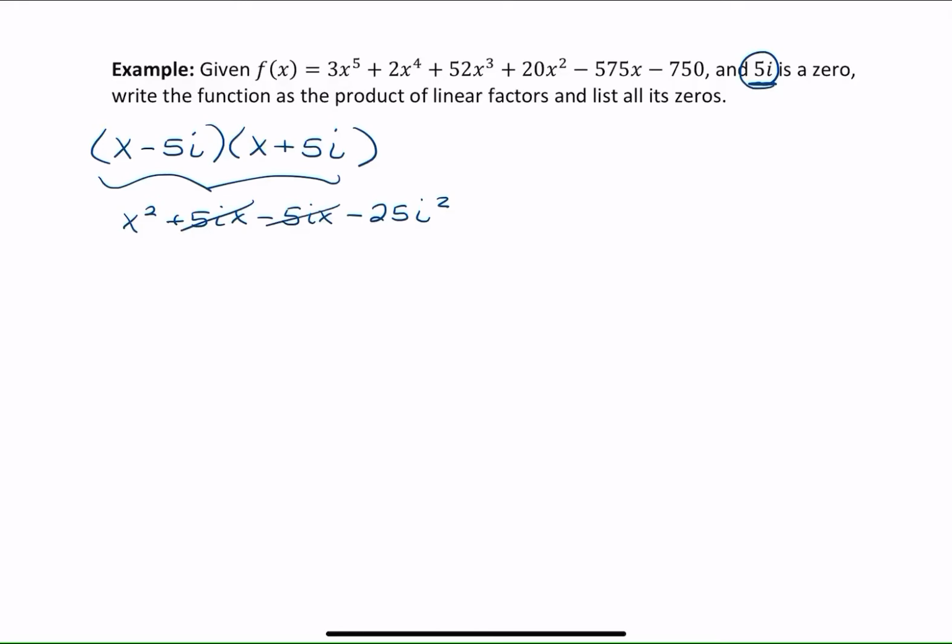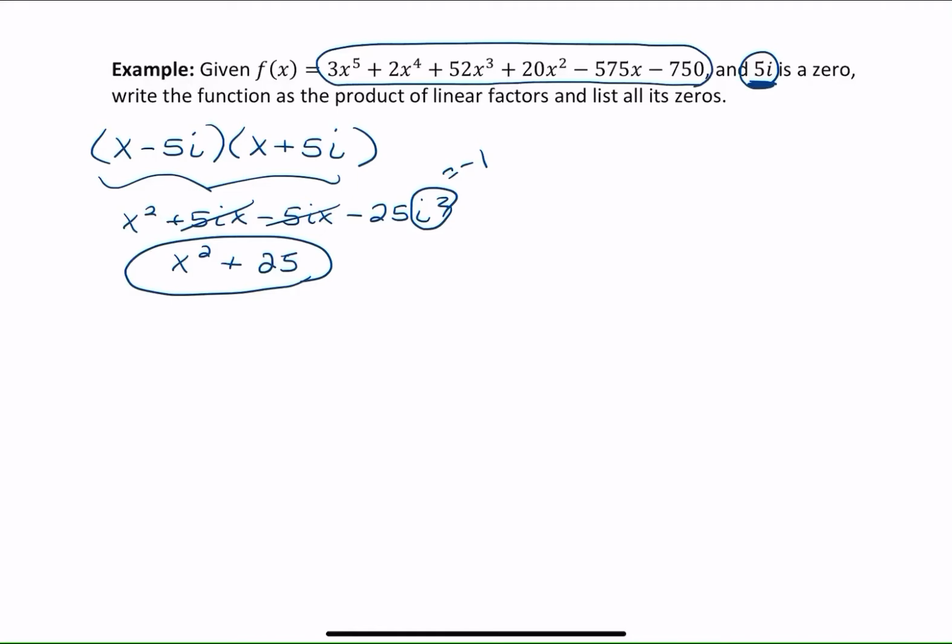And the middle terms cancel out, and that leaves me with x squared plus 25 because i squared equals -1. So as this is a 0, I know that the conjugate is also a 0.